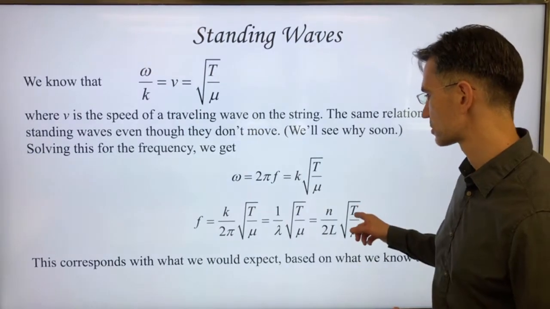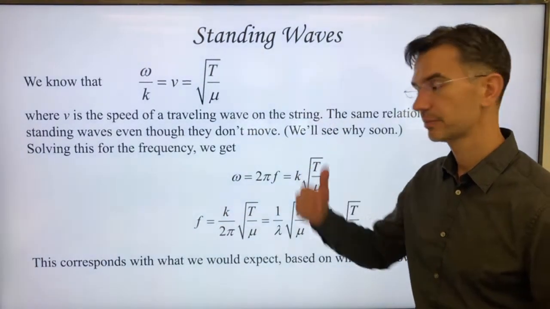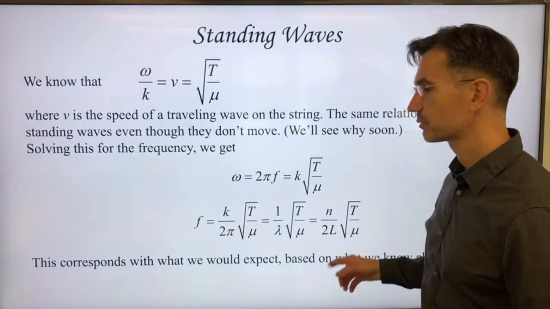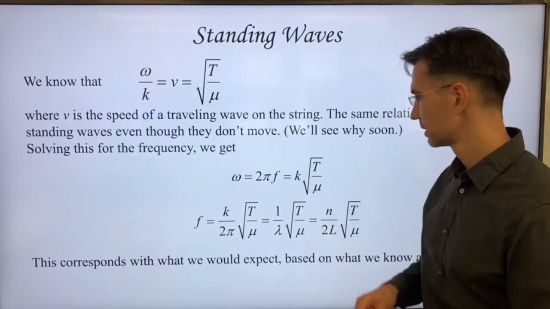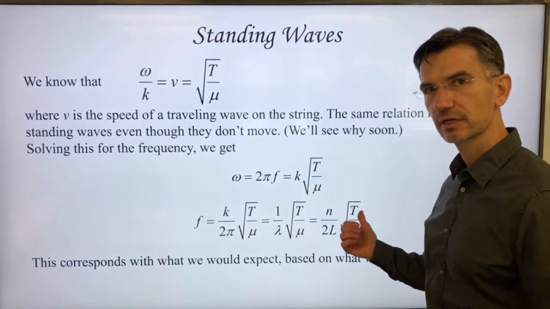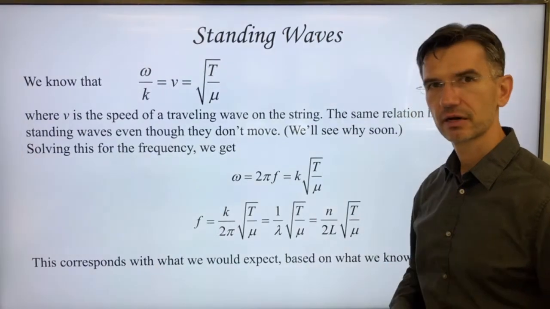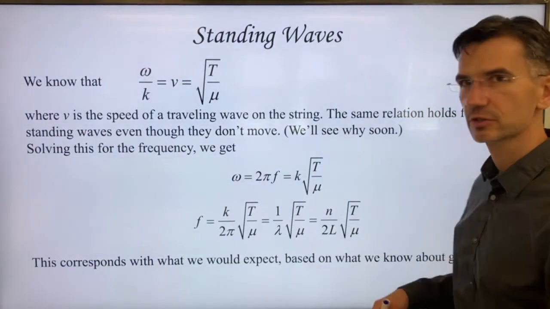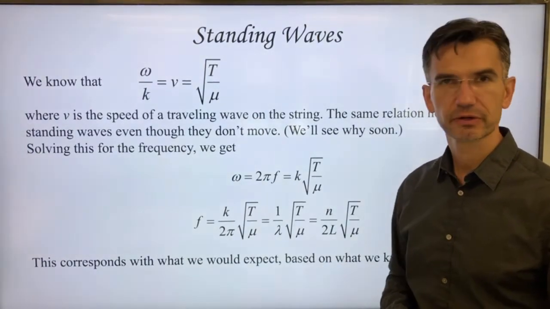You know that if the string is tightened, the frequency will increase, it'll become higher pitch. If the string is heavier, its frequency will be lower, it'll have lower pitch, so heavier or thicker. If the string is longer, under the same tension and weight, the frequency will be lower. And if we're trying to excite a higher harmonic, obviously the frequency will be higher. So this corresponds to what your intuition might tell you from experience with musical instruments.